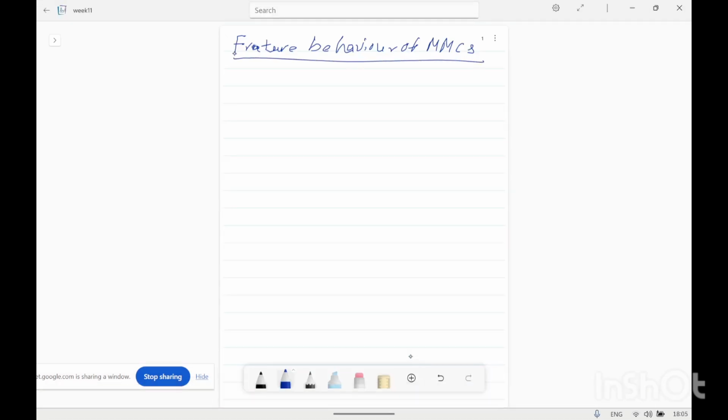It says that the ultimate tensile strength of composite is insensitive to matrix behavior for a ductile matrix.